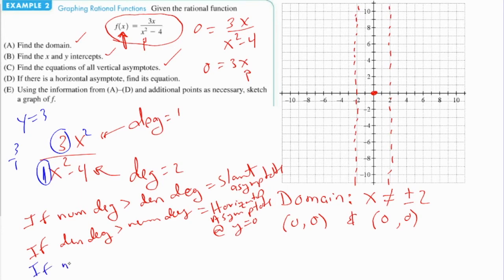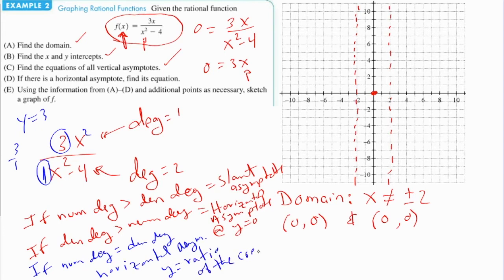So if numerator degree equals denominator degree, then the horizontal asymptote is y equals the ratio of the coefficients.